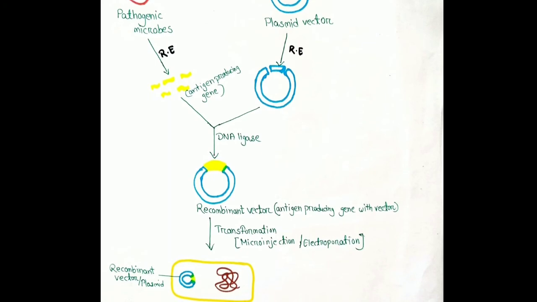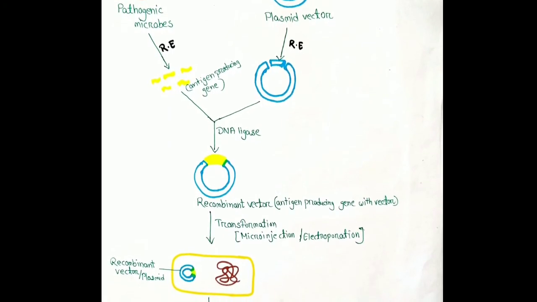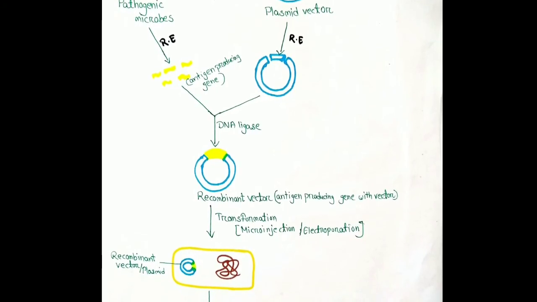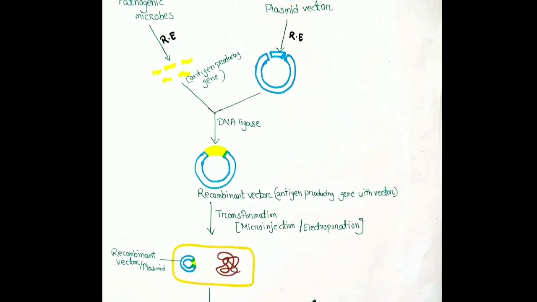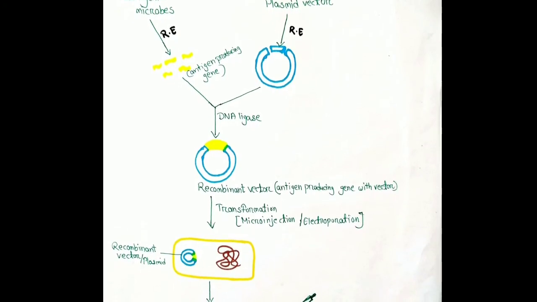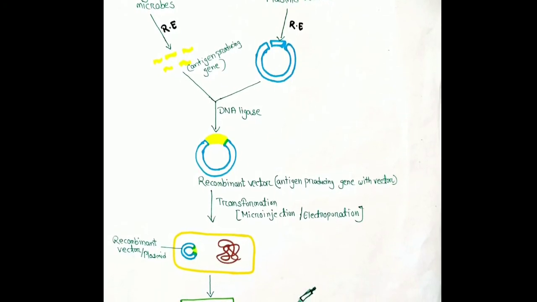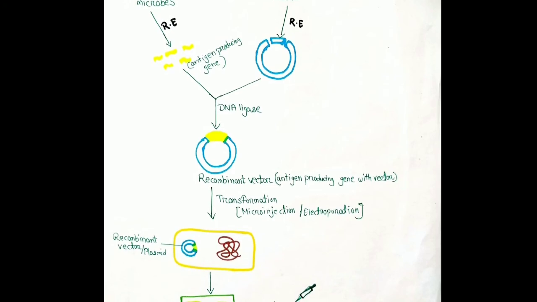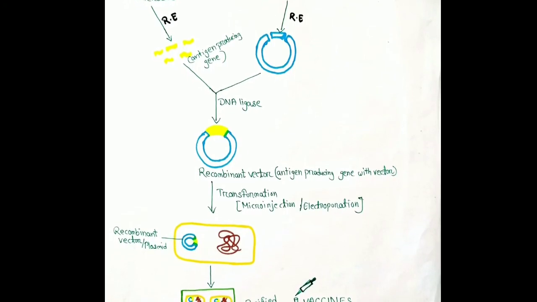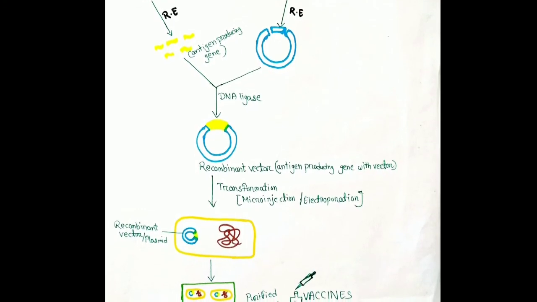After amplification, ligation occurs. What is ligation? In the ligation process, using DNA ligase enzyme, the antigen producing gene is attached to the plasmid vector, making a recombinant vector or recombinant gene. Then the recombinant gene is transferred into the host cell for production, and those host cells are grown in the bioreactor.